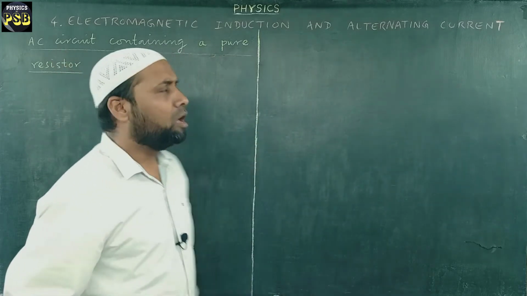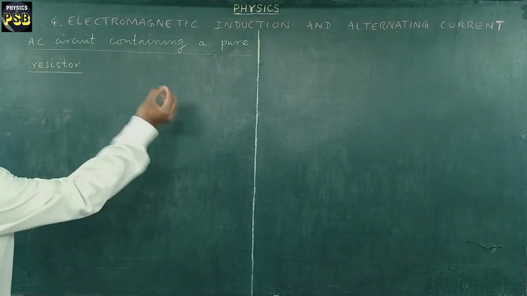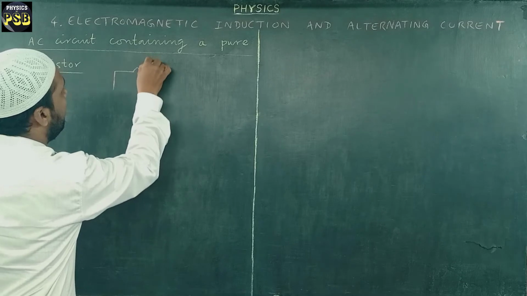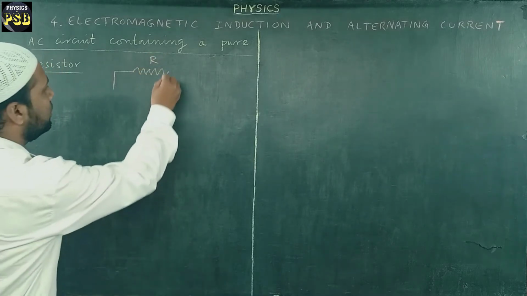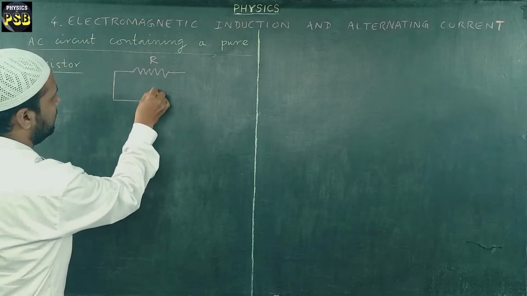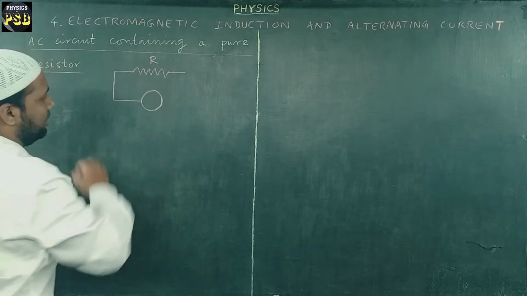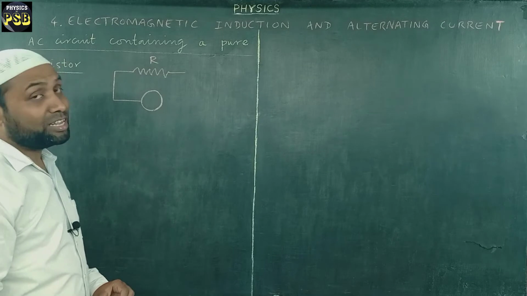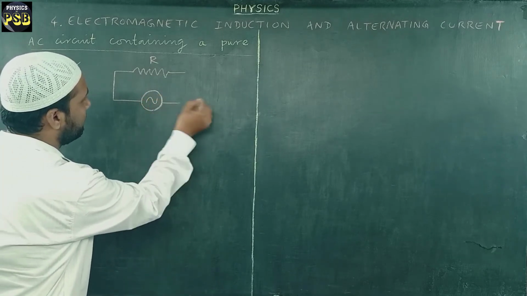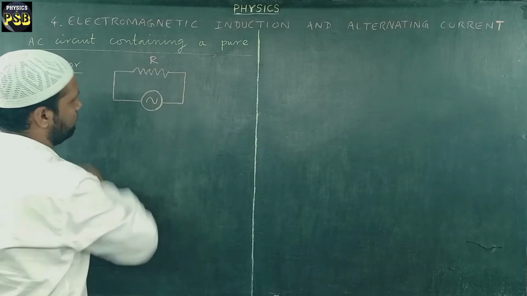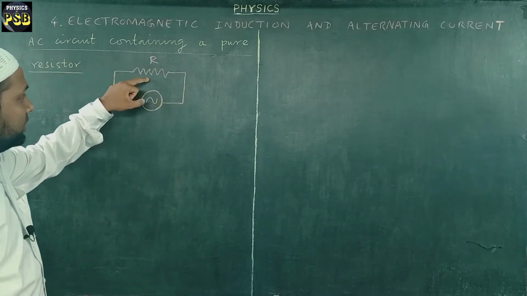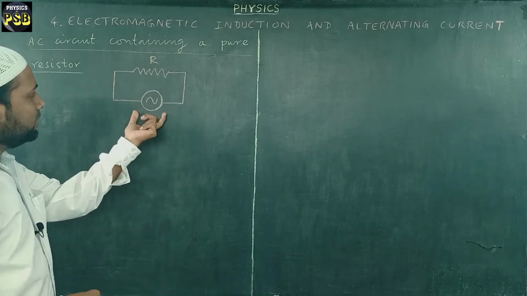For that, I consider a resistor of resistance R connected across an AC voltage source, an alternating voltage source. Here, resistor of resistance R is connected to an alternating voltage source.